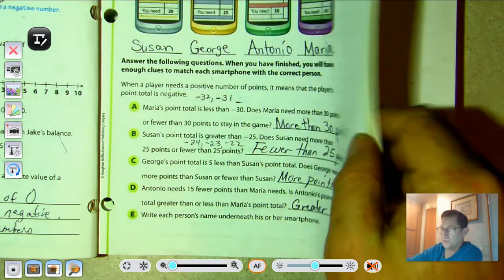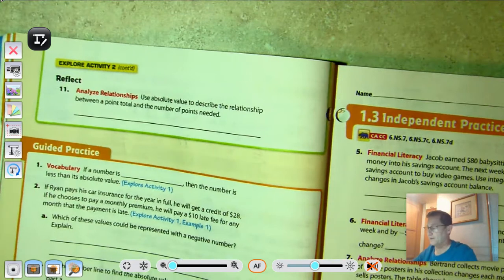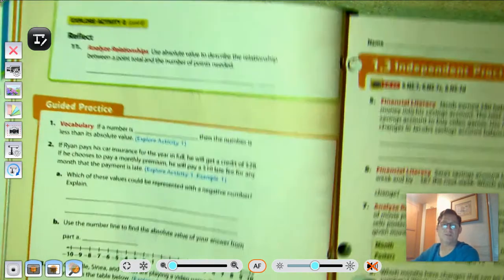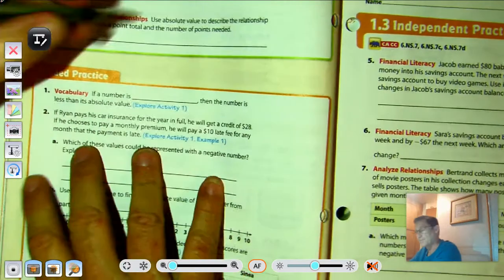All right, let's look at page 22. Use absolute value to describe the relationship between a point total and the points needed.